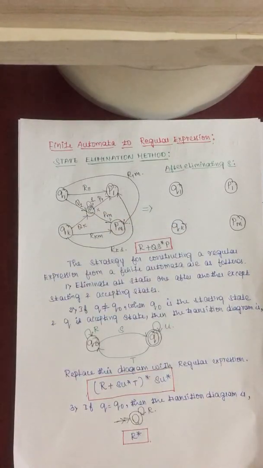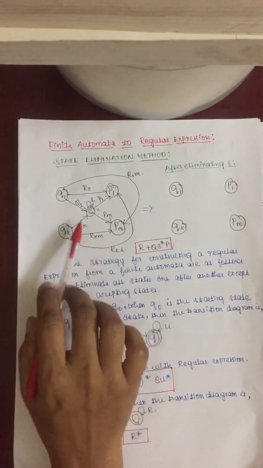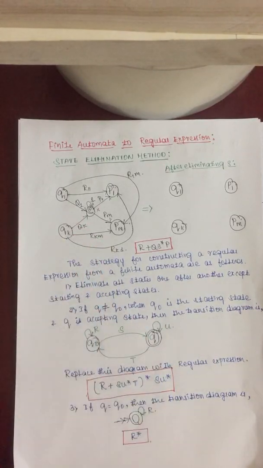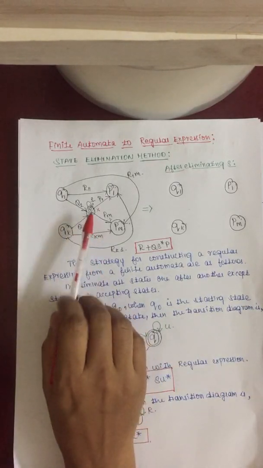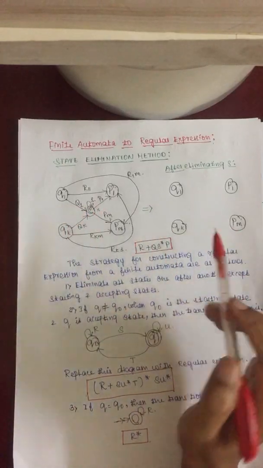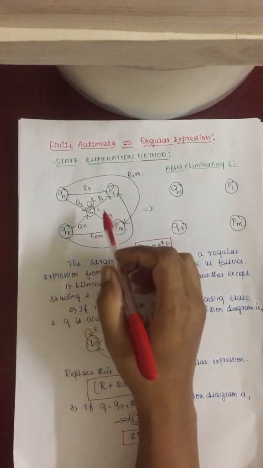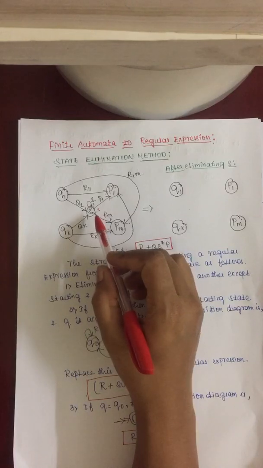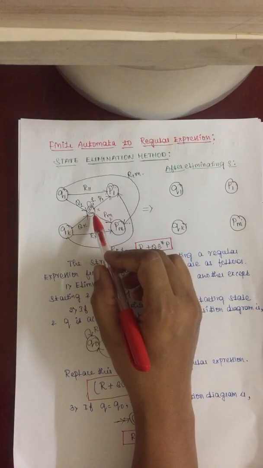After eliminating S, only 4 states must remain, and before eliminating, you need to check whether S is acting as an intermediate state or not.